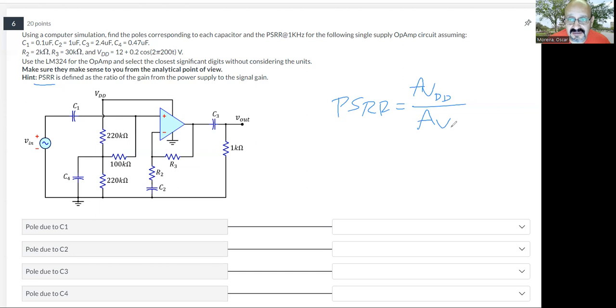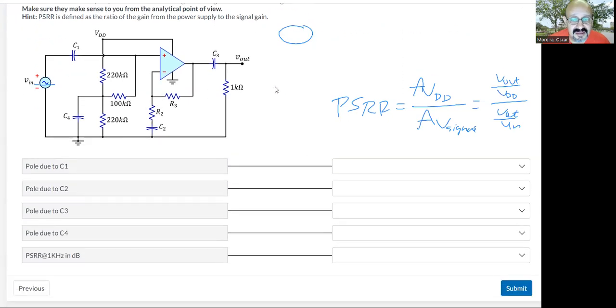So we have the signal gain, which is V out divided by V in, and the gain from the voltage supply, which is V out over VDD. How much gain do you get there? And express that in decibels. We want to find that not at any frequency, but at 1 kilohertz, and you can just answer that in your question.